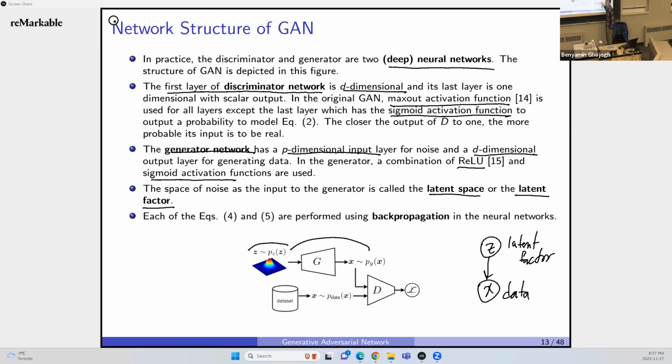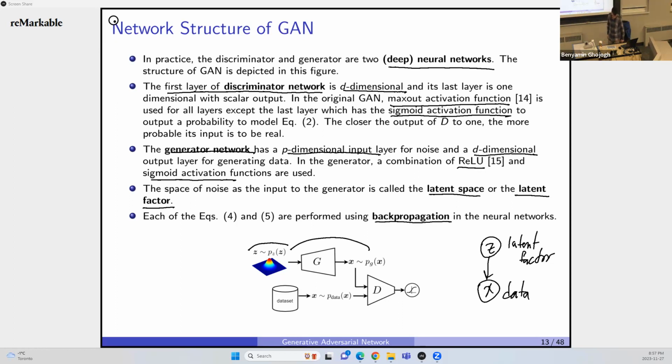You see this structure a lot in psychoanalysis. Your dreams have some meaning, right? I mean scientific meaning. Dreams have scientific meaning. Your slips of the tongue have meaning in psychoanalysis. Freud talks about these things a lot. So everything in psychoanalysis has some latent factor. Then we train them by backpropagation.